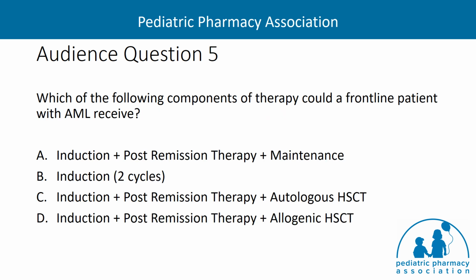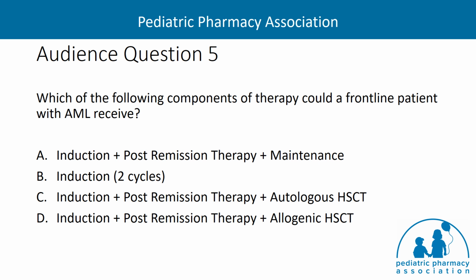And then lastly, for audience participation question number 5, which of the following components of therapy could a frontline patient with AML receive? A, induction plus post-remission therapy plus maintenance therapy. B, just 2 cycles of induction. C, induction therapy, post-remission therapy plus autologous hematopoietic stem cell transplant.